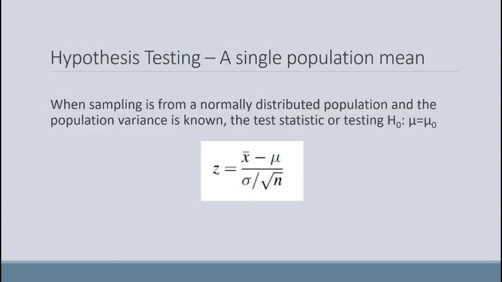We consider the testing of hypotheses about a population mean under 3 different conditions. First, when sampling is from a normally distributed population of values with known variance. Second, when sampling is from a normally distributed population with unknown variance. And third, when sampling is from a population that is not normally distributed.